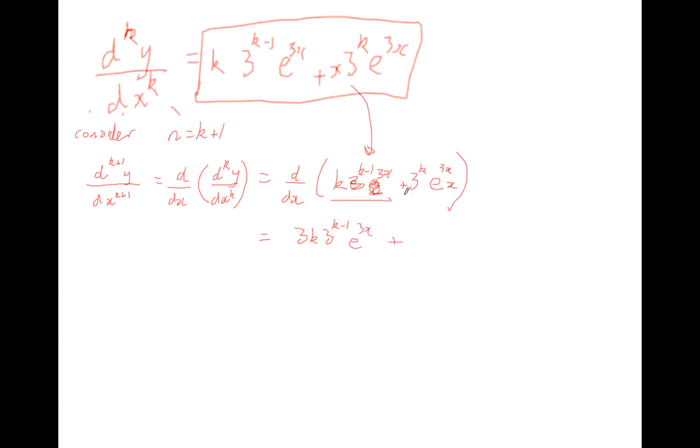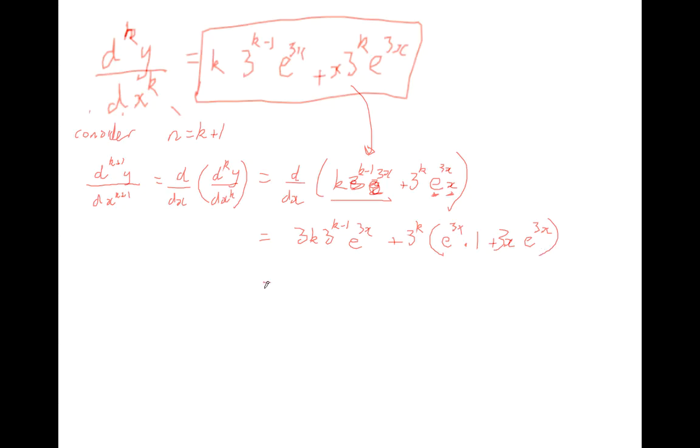This one here, we've got to be careful because I've got a variable here and a variable here, so it's going to be a product rule again. So I'll factor out the 3 to the k, and then I'll just do this with a product rule. It's e to the 3x times by 1, plus leave the x, e to the 3x times by 3. So that's similar to what we had before.